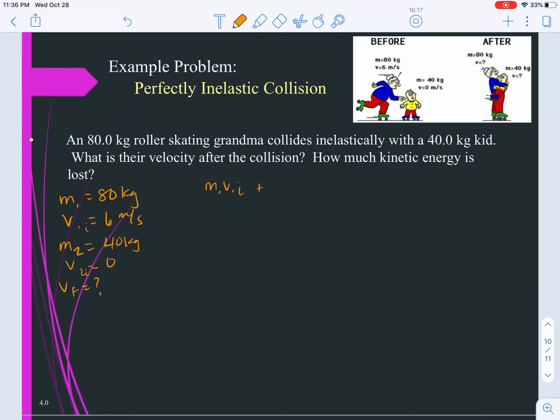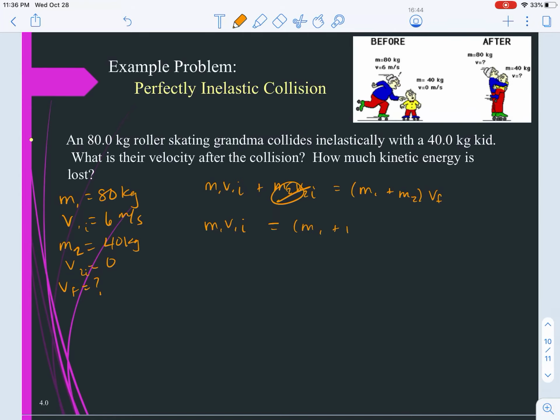So I have M1 V1 initial plus M2 V2 initial. And then over here, they stick together so that we only have one final velocity. Here, my second object is initially at rest.